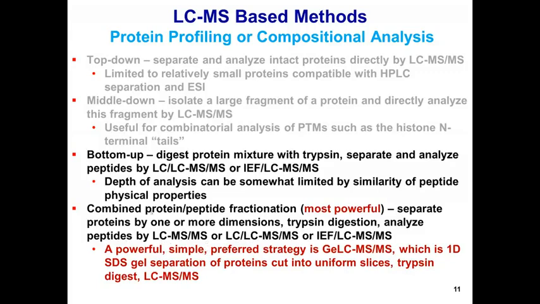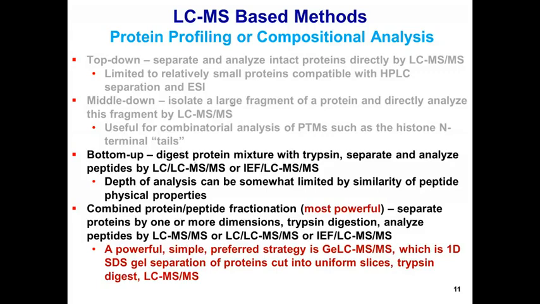A powerful, simple strategy is oftentimes referred to as gel-C-MS, and this is separation of the proteome by one-dimensional SDS gels, which are easy and run in most laboratories. We then cut the entire gel lane into uniform slices, digest each slice, and conduct LC-MS.